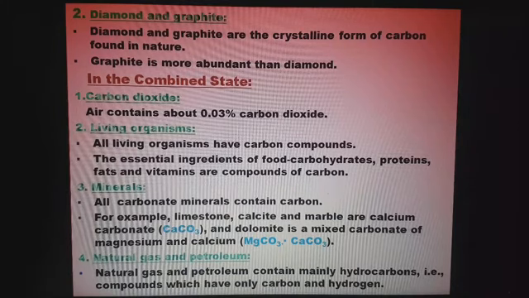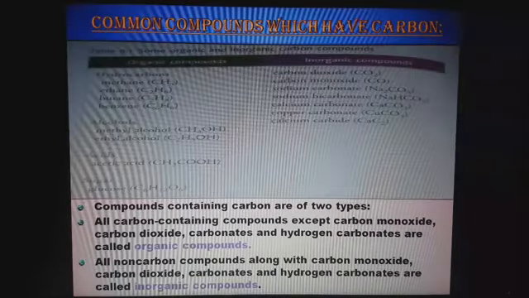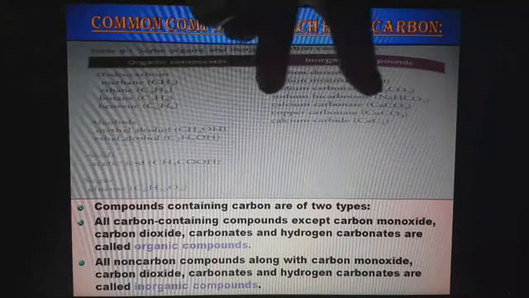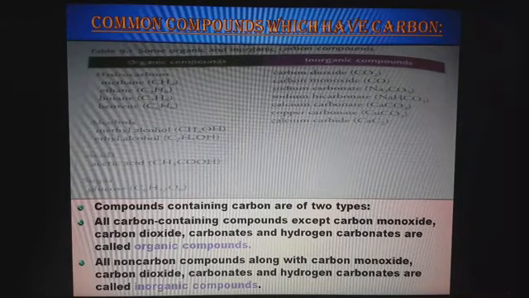Now let's see the common compounds which have carbon. Basically compounds are being divided into organic and inorganic. Here are some of the organic compound examples which have carbon in the combined form, and here are some of the inorganic compounds in which carbon is found in the combined form.